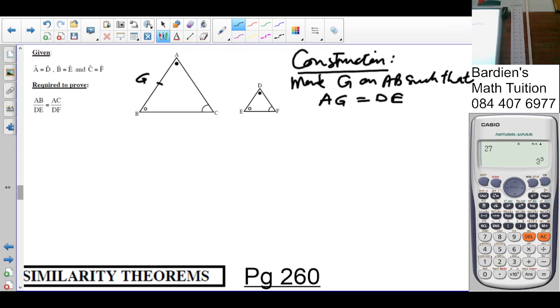What does that mean? That means to say the length of AG is equal to the length of DE. You guys got it? That's number one.